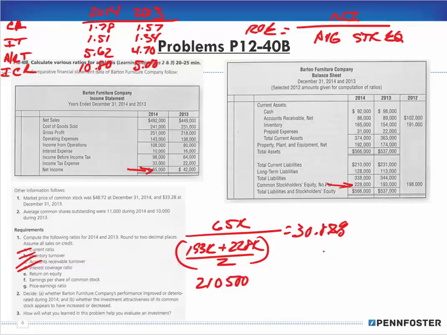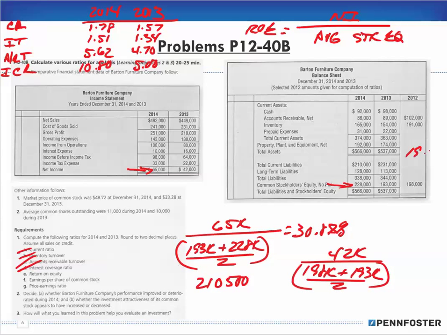Okay, and then for 2013, excuse me, I have 42,000, and I'm dividing that by the 198 plus the 193 divided by 2.